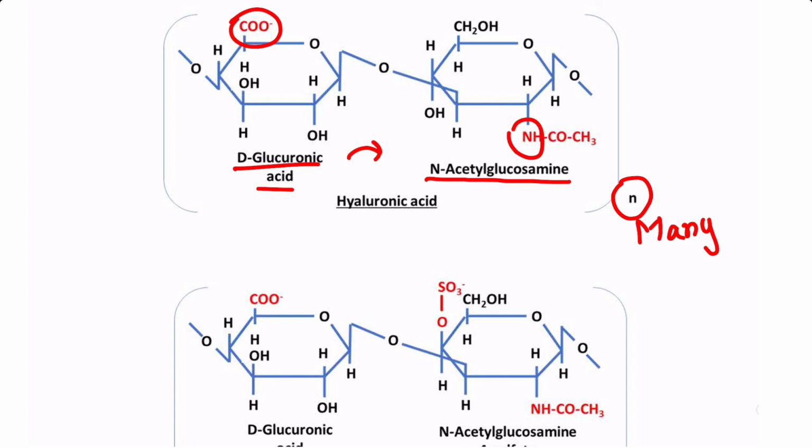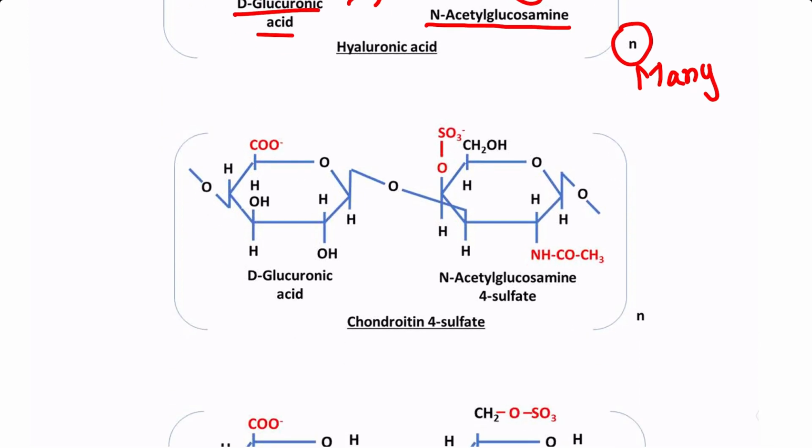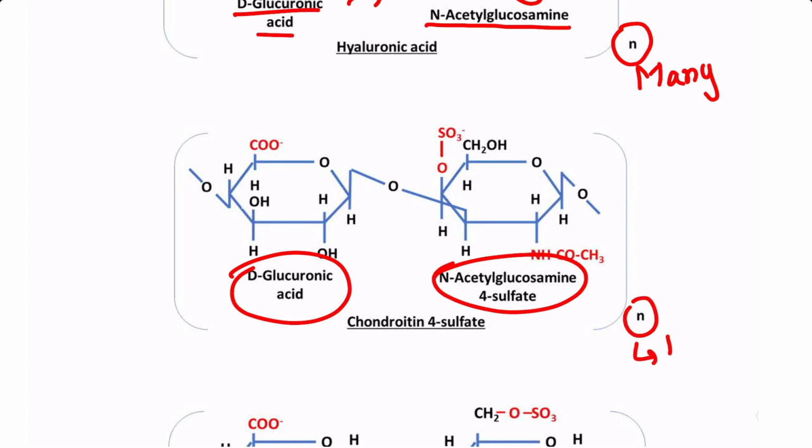After hyaluronic acid, we will see chondroitin 4-sulfate. It is made up of D-glucuronic acid and N-acetyl glucosamine 4-sulfate. Again, n means many, so many such units are present in chondroitin 4-sulfate.